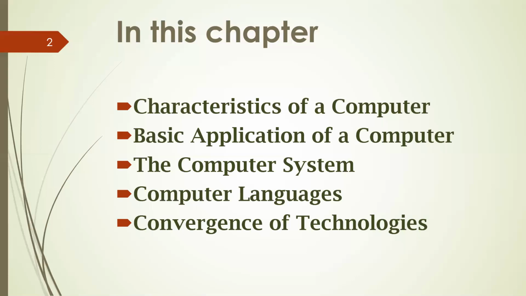So in chapter 2, only these many topics are going to be learned. But under these main topics, many subtopics are there, which are very important for our day-to-day lives.